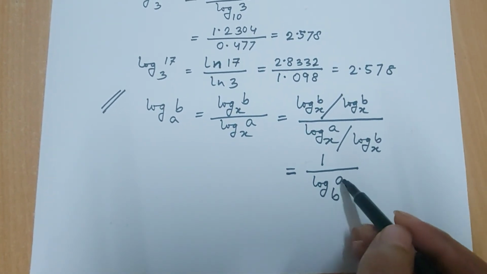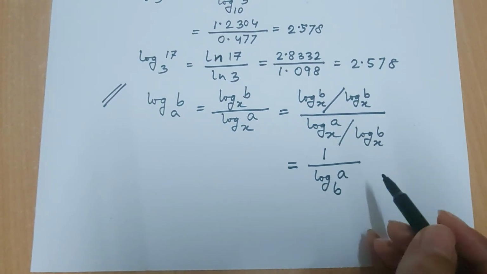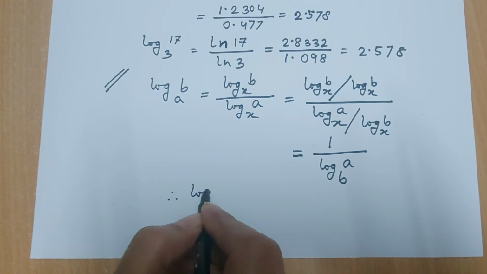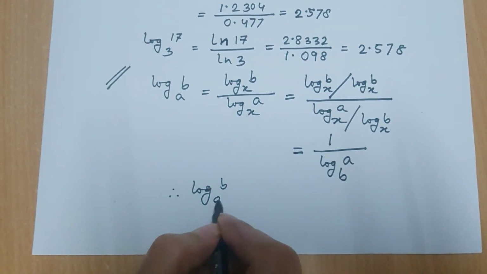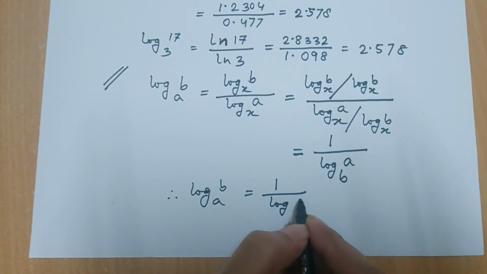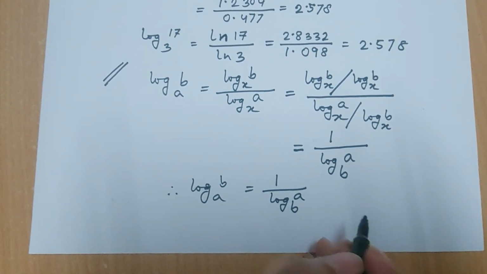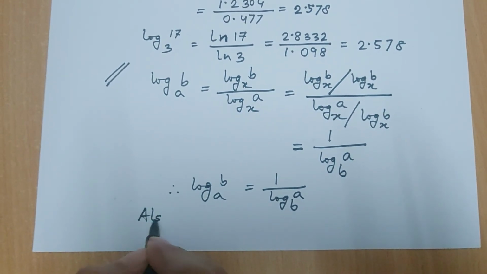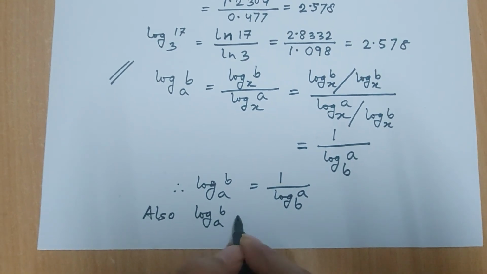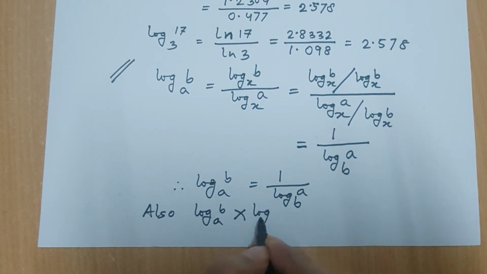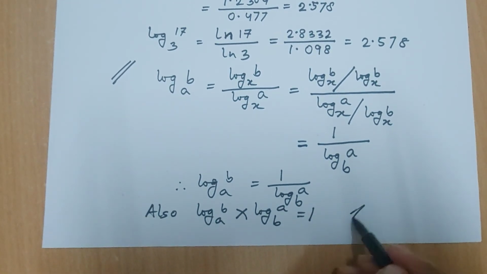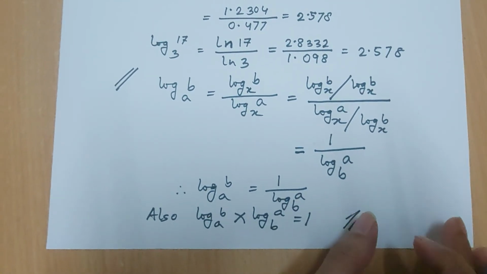Therefore, I can write log b to the base a equals 1 over log a to the base b, which can also be written as log b to the base a times log a to the base b equals 1. These are also very useful properties.